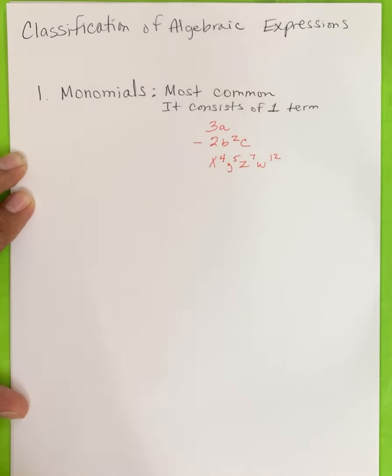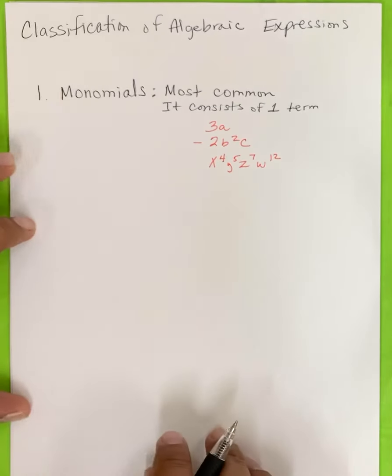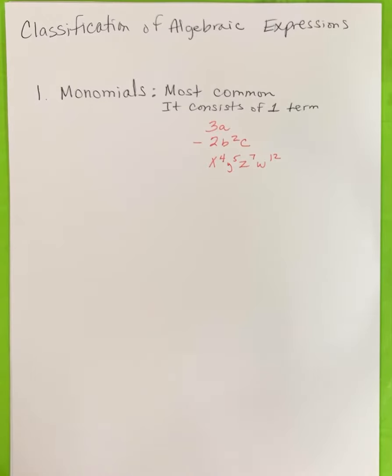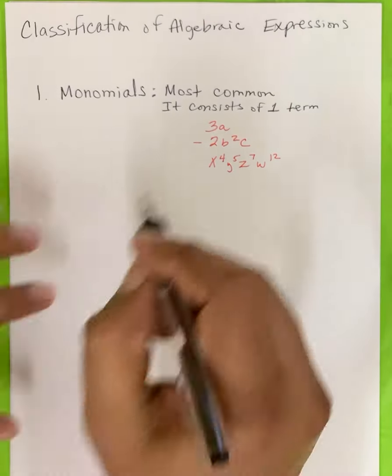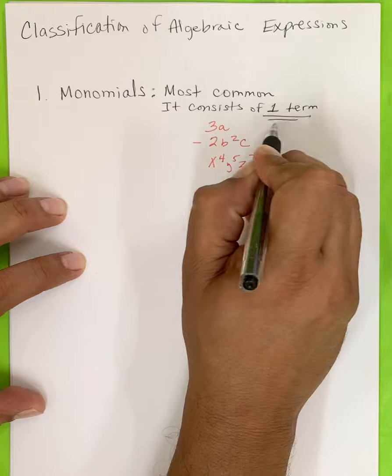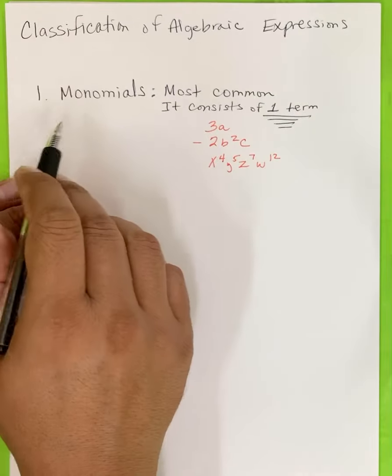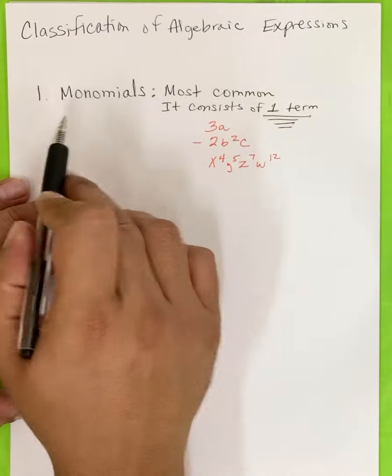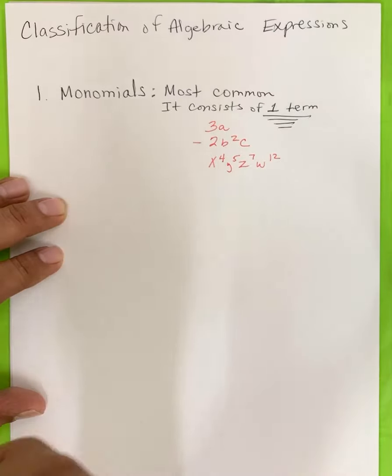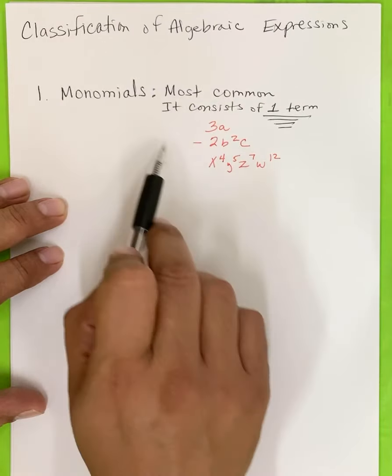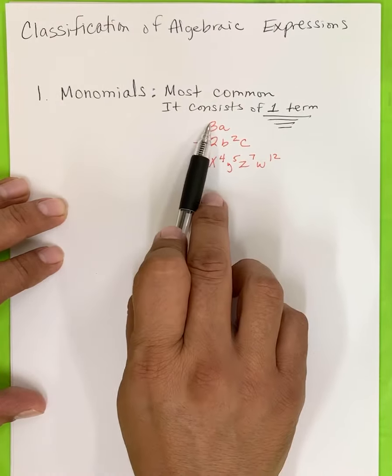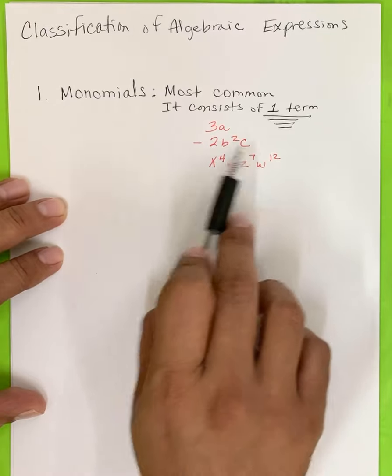Why monomials? Because they are one term. It's like when you only speak one language, you are monolingual, meaning one language. Monomials, one term. So the most common expressions are the monomials right here.